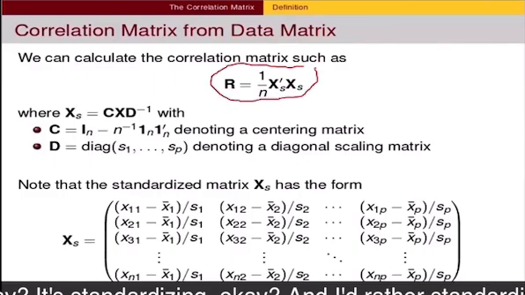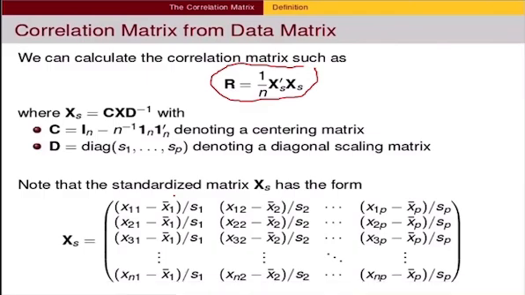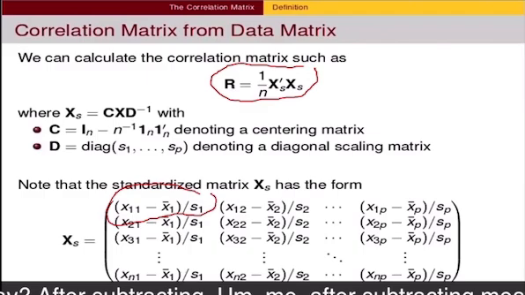And how do I standardize? When I divide what I've centered by the standard deviation, then I'm standardizing. So after subtracting the mean from each and every value in the column, I divide by the standard deviation.